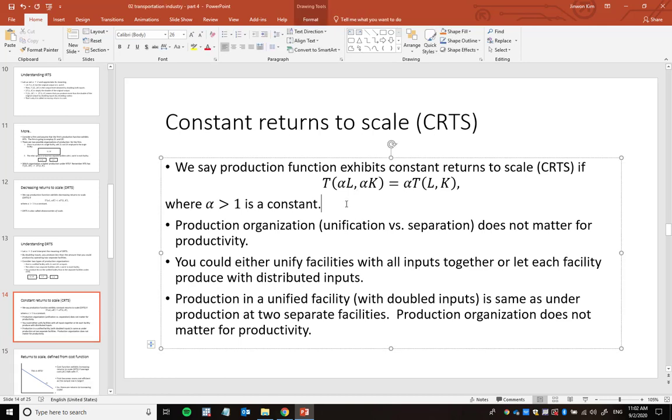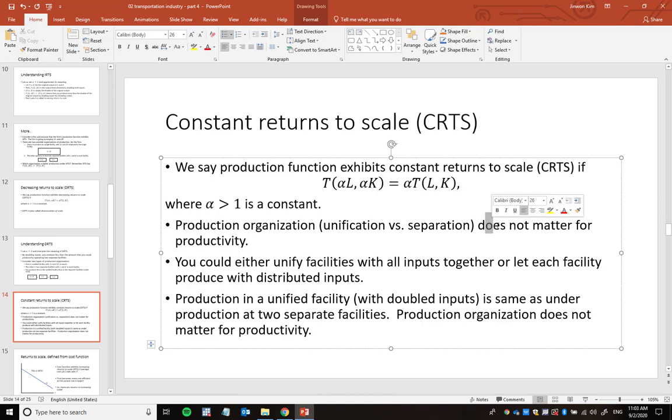Finally, constant returns to scale. We say a production function exhibits constant returns to scale if the output level produced by increasing your factory size by employing more of these inputs is the same as the original output multiplied by this factor that determines the size of the factory.